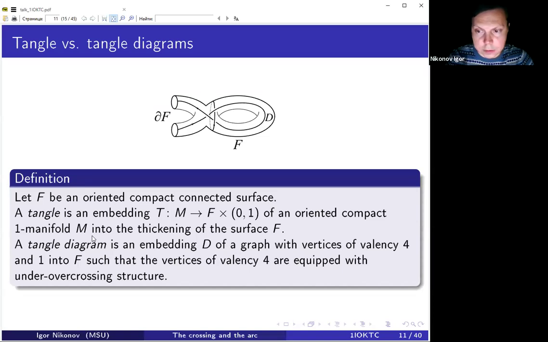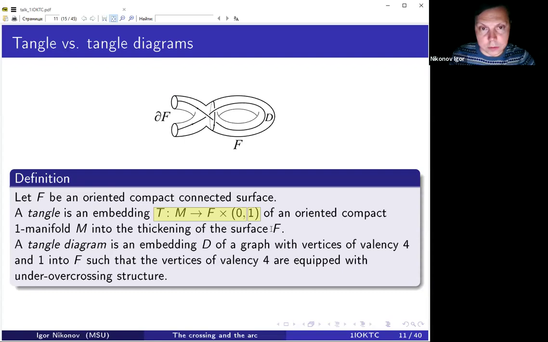Consider an oriented compact connected surface F, and then a tangle is an embedding of a one-dimensional oriented compact manifold to the thickening of the surface F. And then if we have a projection from the thickening to the surface, the image of a tangle by this projection is called a tangle diagram.